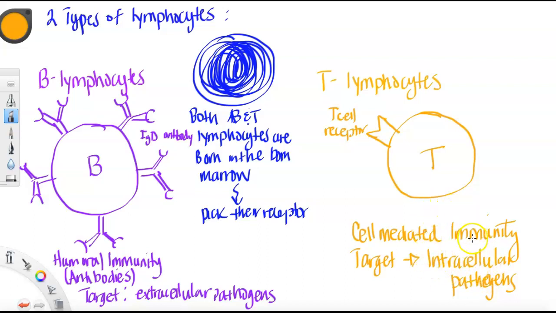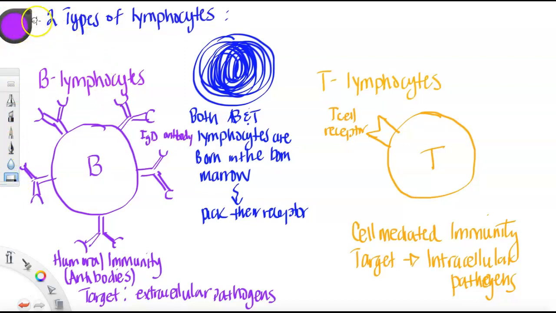So these cells, when they're born, I'm sorry. I'm losing my mind for a moment. I'm ahead of myself.